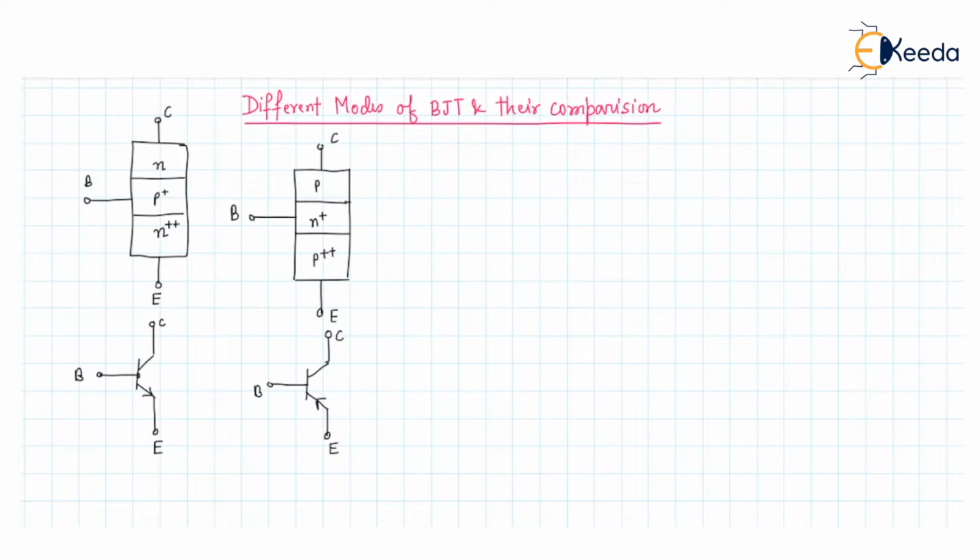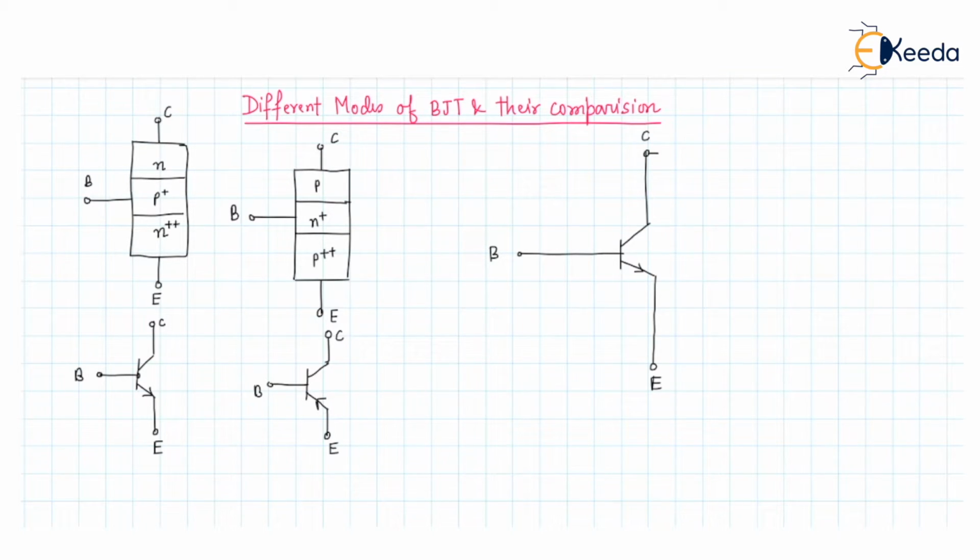If we consider an NPN transistor circuit diagram, it will look like this. This will be the emitter where the arrow is, this is the collector, and this one is the base.